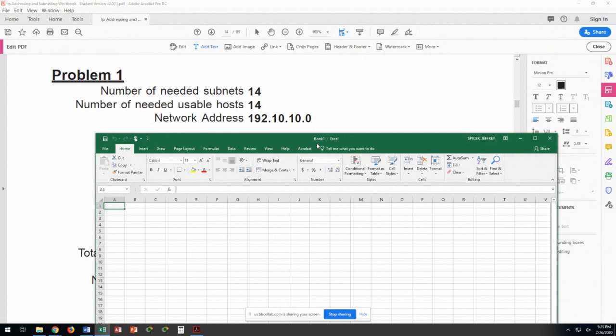All right. So what class is this? It's a class C, right? Class C. All right. So that means we have how many bits to borrow? 8, right? Okay. So we need 14 subnets. All right. Well, I guess what's our default mask?